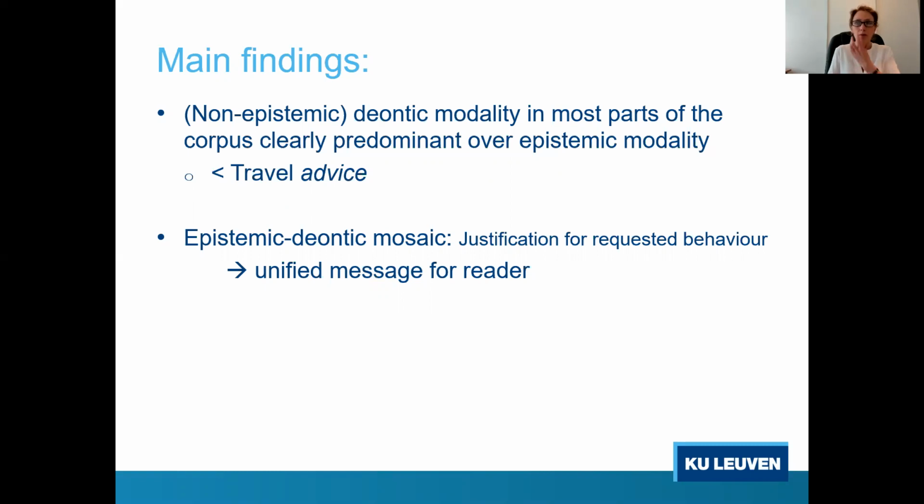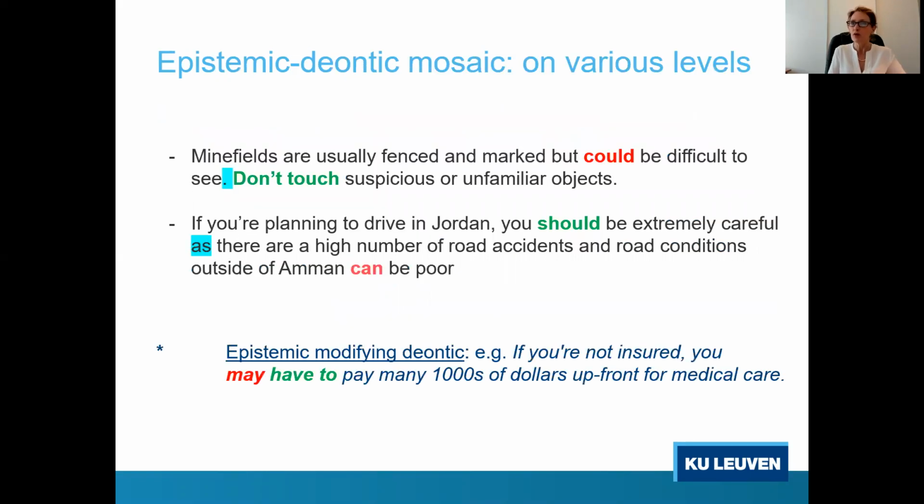But the main argument I wish to make here is that this coinciding of the epistemic and deontic mosaic actually creates justification for the requested behavior in the deontic messages, so that creates a unified message for the readers, I think. So we have a few more examples here. "Minefields are usually fenced and marked, but could be difficult to see," and that is the basis to say that people should not or cannot touch suspicious or unfamiliar objects.